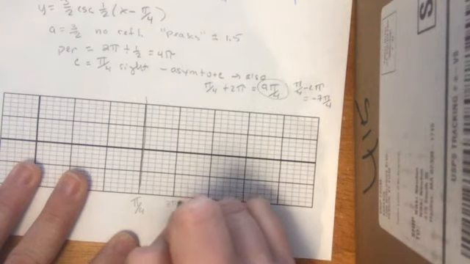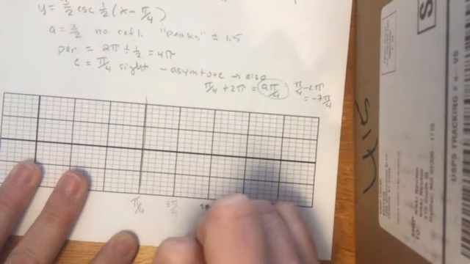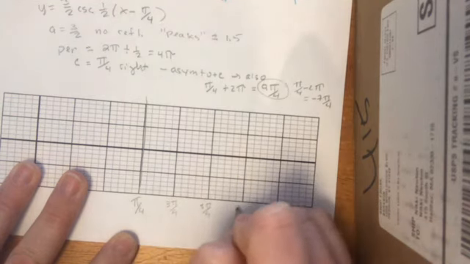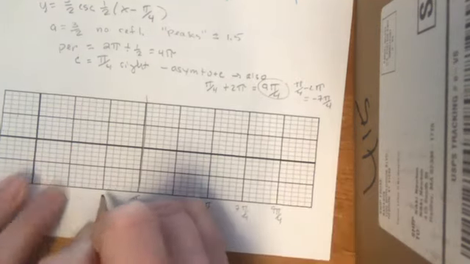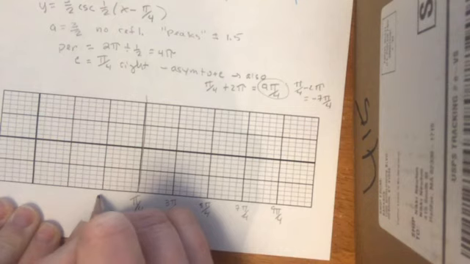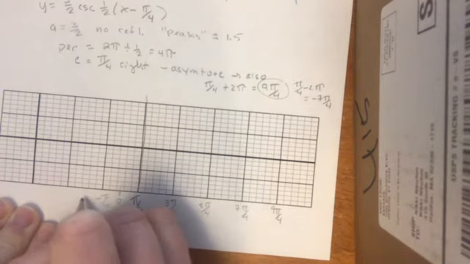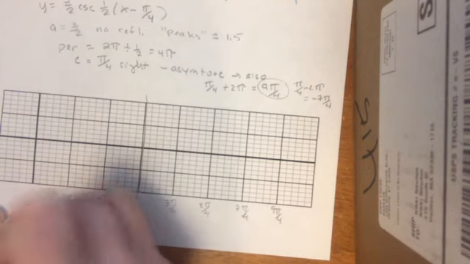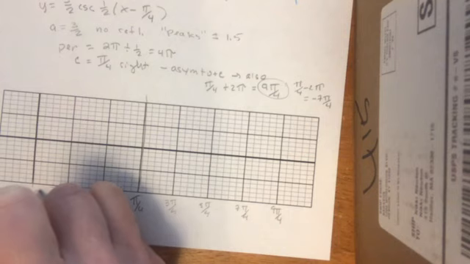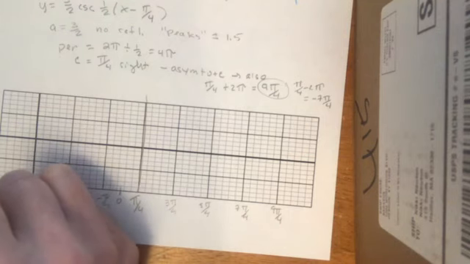So this will be 3 pi over 4, 5 pi over 4, 7 pi over 4, and 9 pi over 4. And now I'm going to do negative pi over 4. So if we're interested, 0 is there. Negative 3 pi over 4, negative 5 pi over 4, and negative 7 pi over 4.